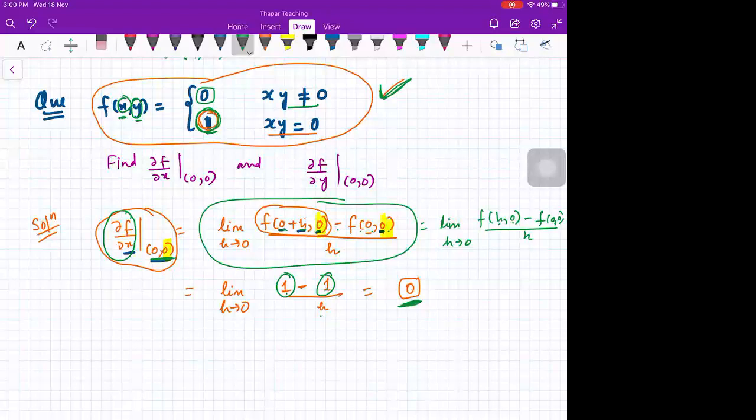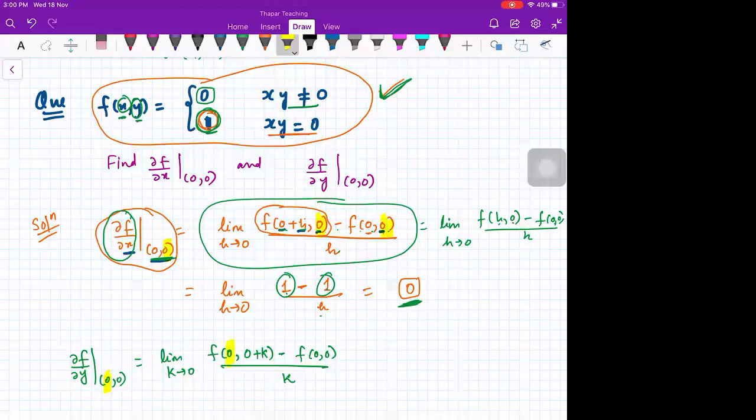Now, similarly, you can compute curly f by curly y at (0, 0). That will be limit k going to 0, f of (0, 0 plus k) minus f of (0, 0) upon k. Is that clear? Here, whatever is x, I am keeping as it is, and I am just increasing the value of y. Y was 0, so 0 plus k.